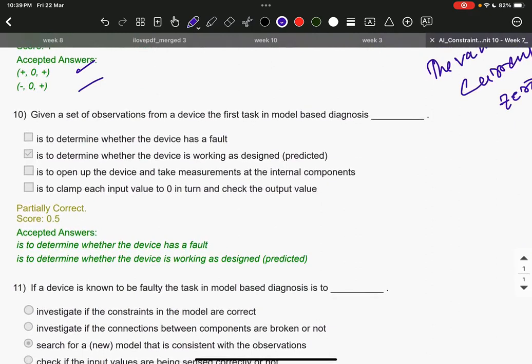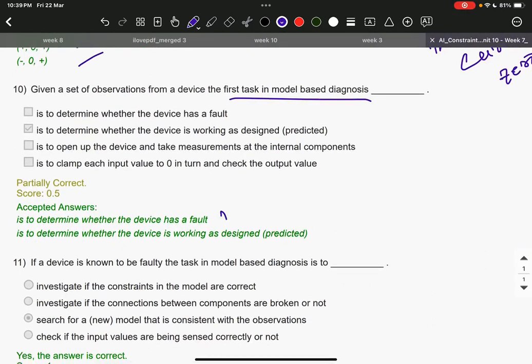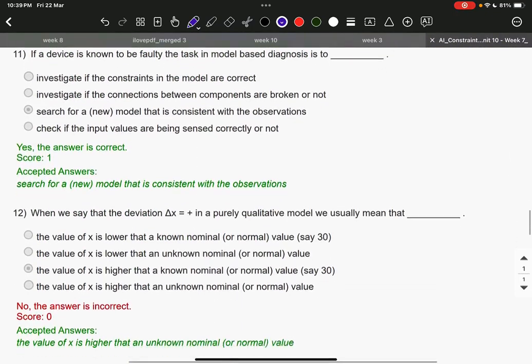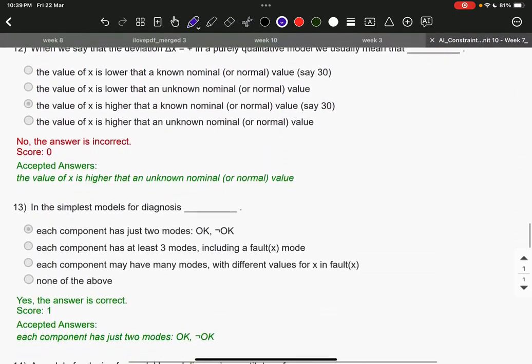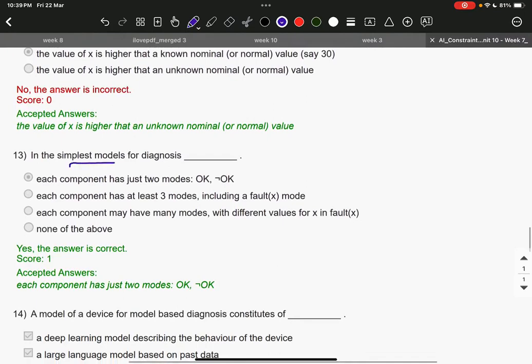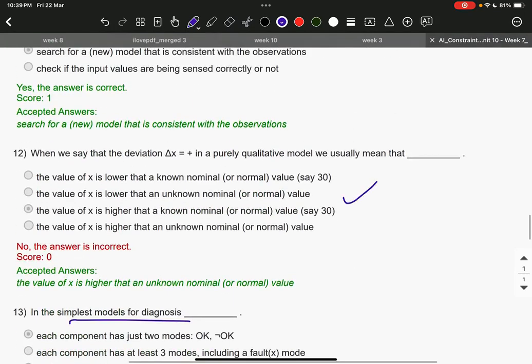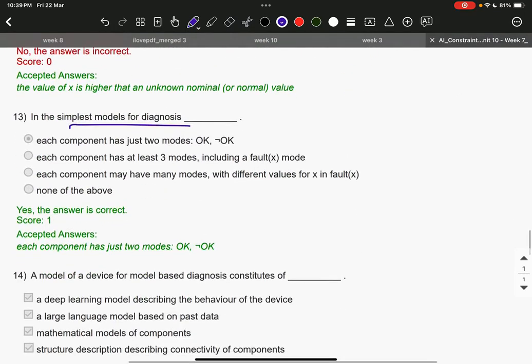Given a set of observations from a device, the first task of model based diagnosis is to determine whether the device has a fault, that is, whether the device is working as designed, as predicted. In the simplest models of diagnosis, each component has just 2 models: okay and not okay.